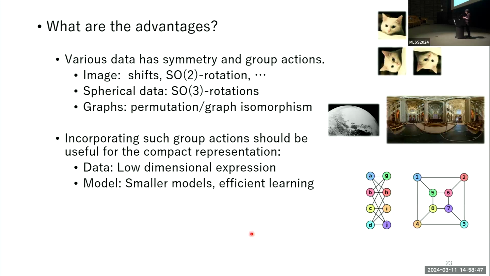For images, such type of group action may give a low-dimensional effective expression of data. And also, in terms of the model architecture, we may be able to make smaller models by incorporating such group actions or group symmetries. So in this way, various techniques can be considered.